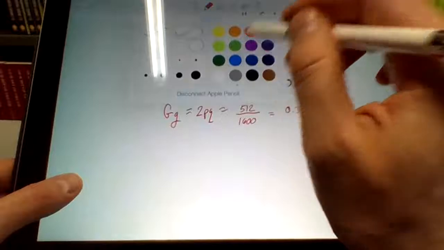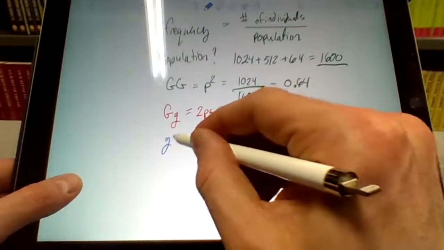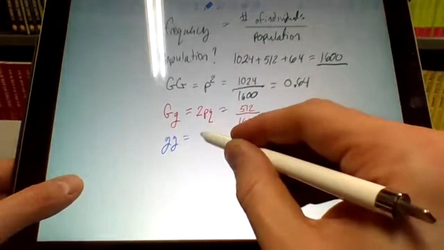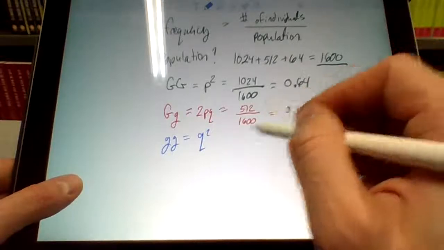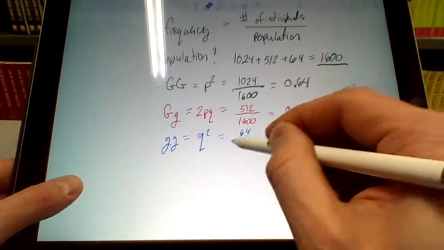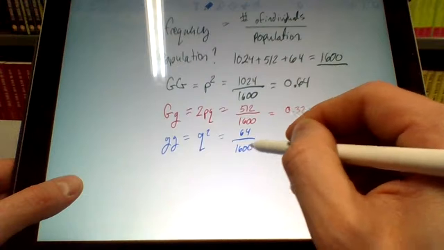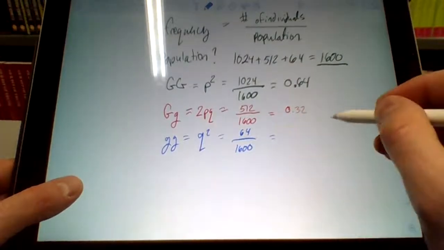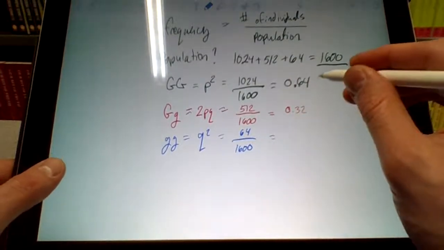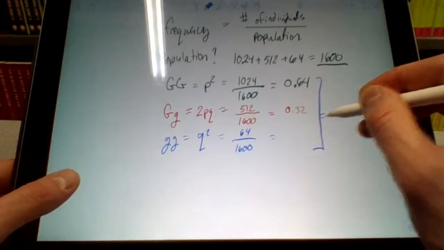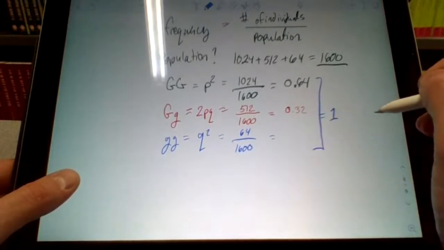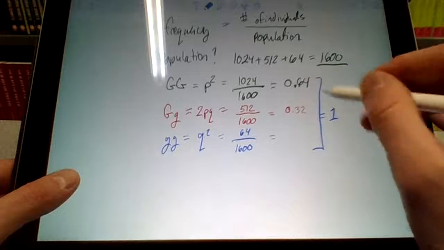And then we have an option at the end. For the homozygous recessive, we could calculate it with 64 over 1,600. Or we know that this total has to add up to 1, so we could also use subtraction.